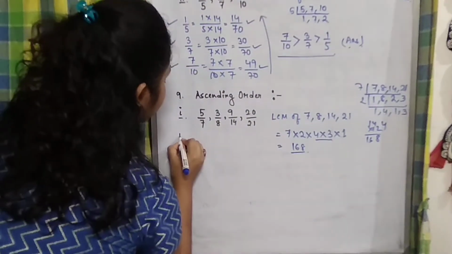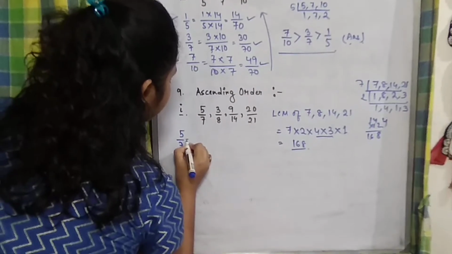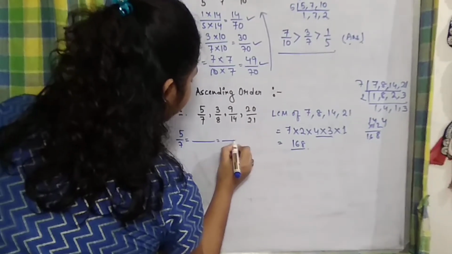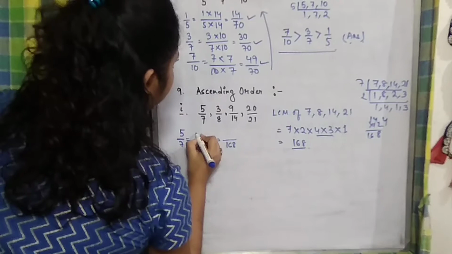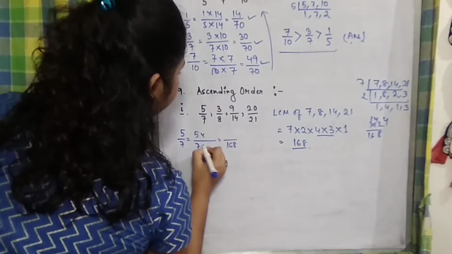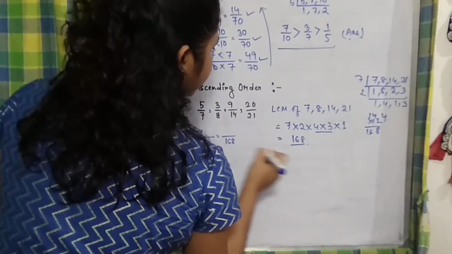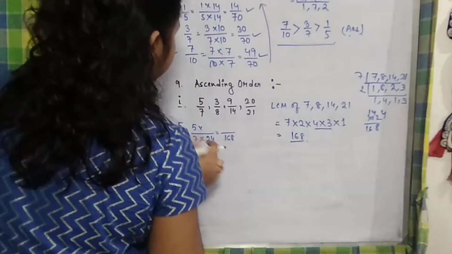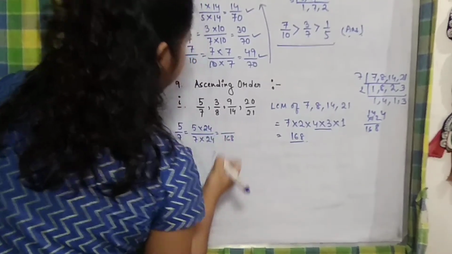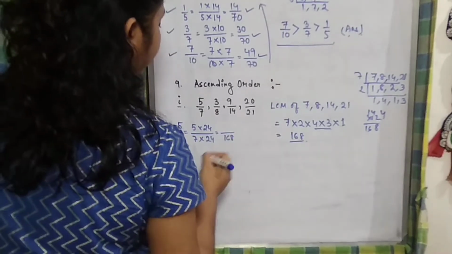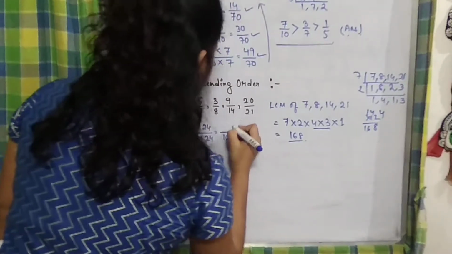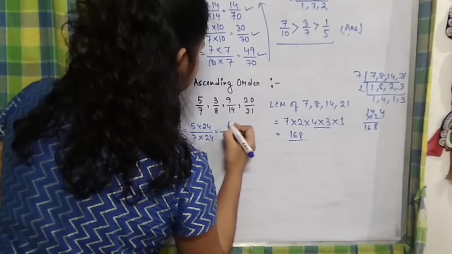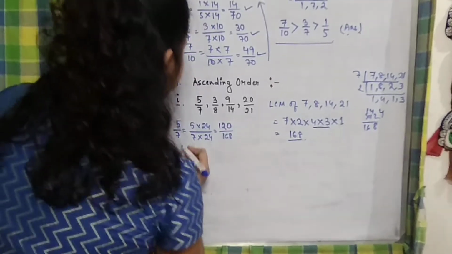Now let's find out the equivalent fractions once more. For this, what are we going to multiply it with? The numerator and denominator both will be multiplied with 24. So 5 into 24 gives 120.